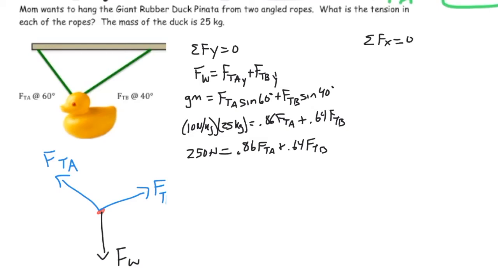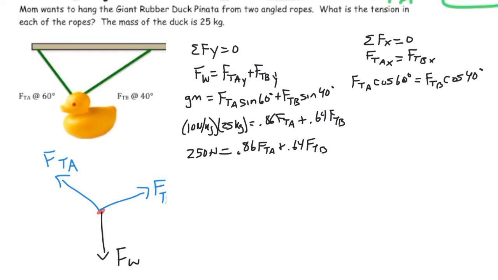The sum of the forces in the x direction is 0. That means that the x component of FTA is equal to the x component of FTB. So I can rewrite FTAx as FTA cosine 60 degrees, and I can rewrite FTBx as FTB cosine 40 degrees.